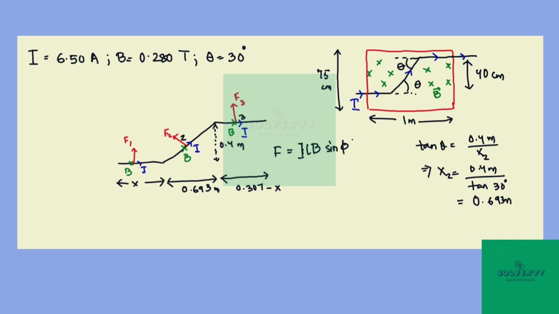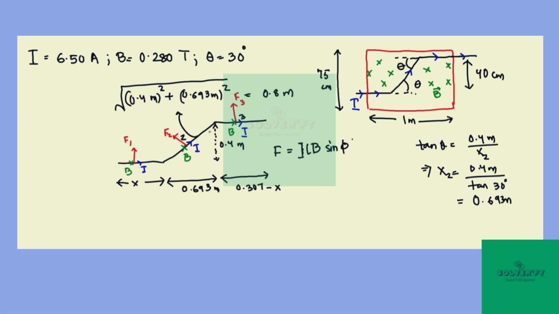Now that we have, for F2, the base and the height, we can find the hypotenuse, or the length of the segment, by Pythagoras theorem. So the length will be the whole root of 0.4 meter squared plus 0.693 meter squared, and this gives the length to be 0.8 meter.